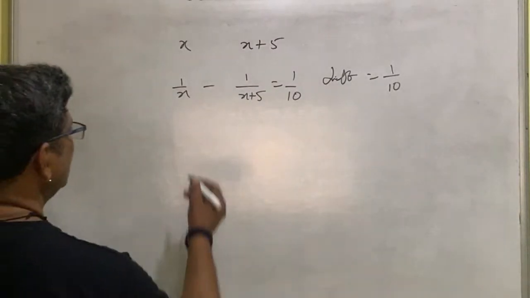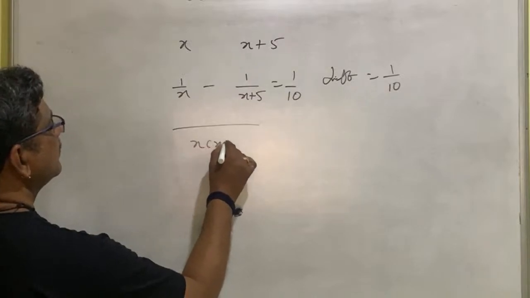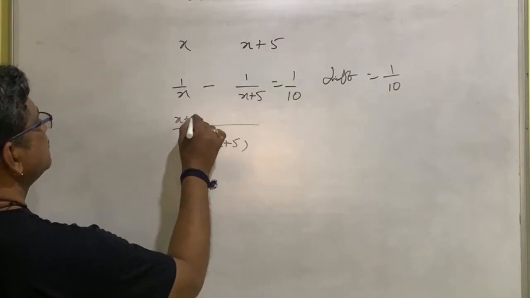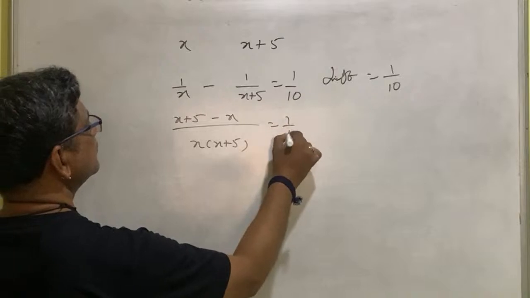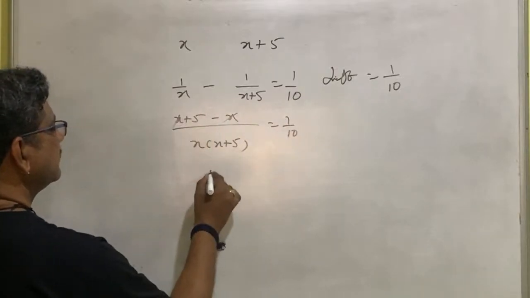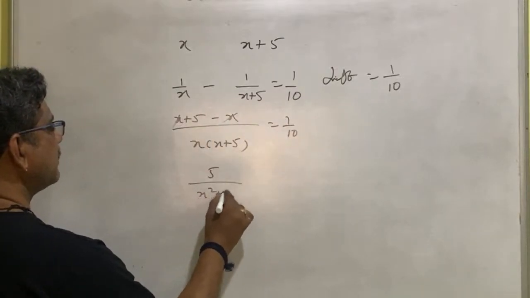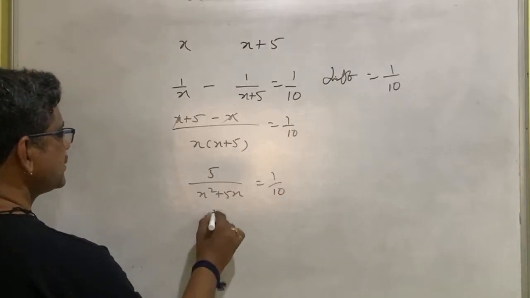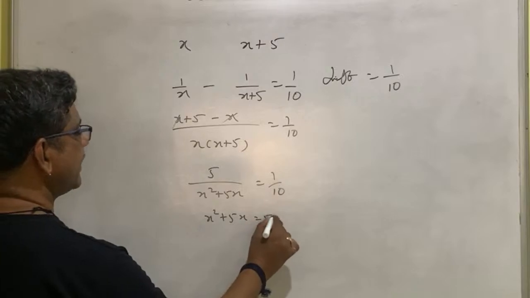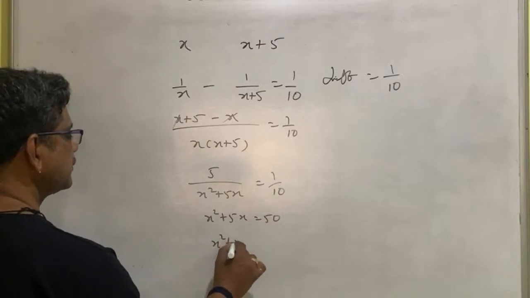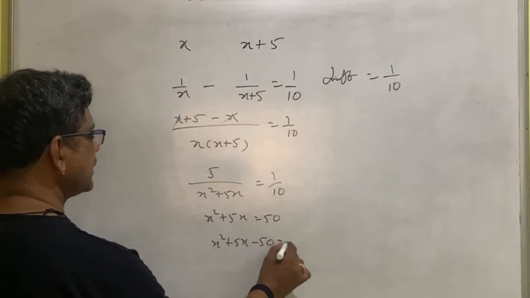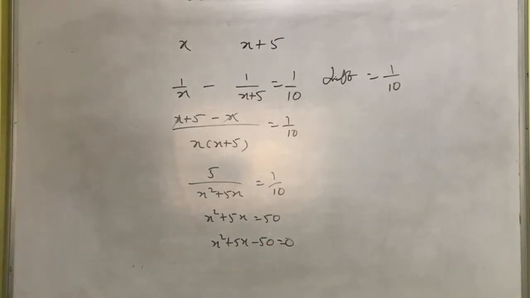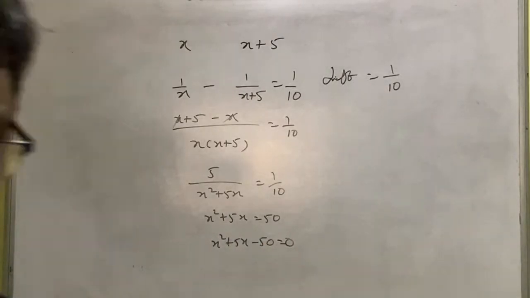Now take LCM. x plus 5 minus x over x square plus 5x is 1 by 10, so 5 by x square plus 5x is 1 by 10. So x square plus 5x is equal to 50. x square plus 5x minus 50 is equal to 0. And after this you can solve. Okay.